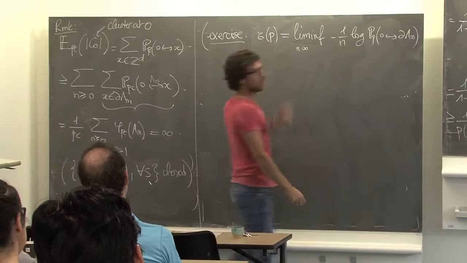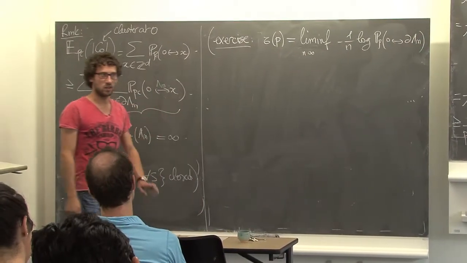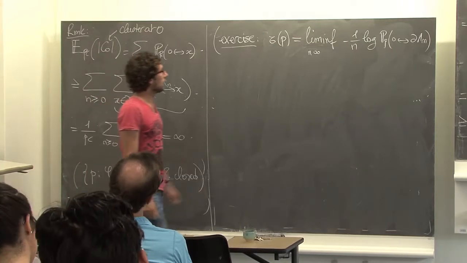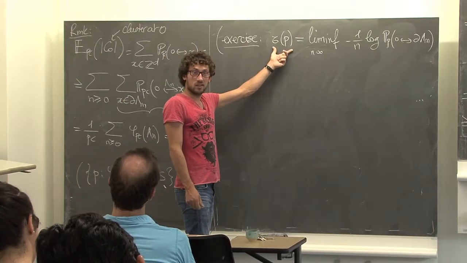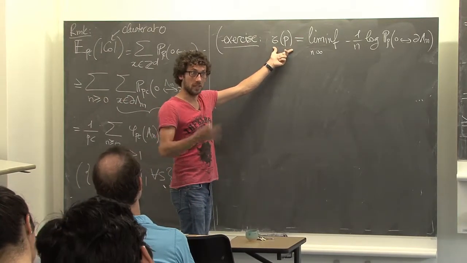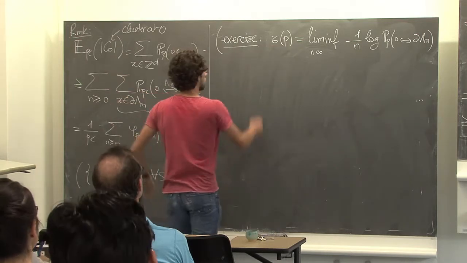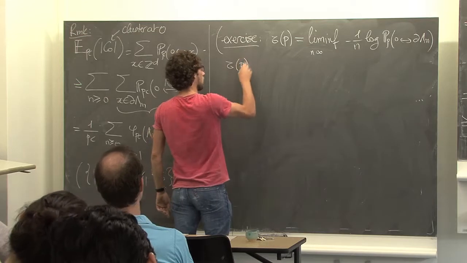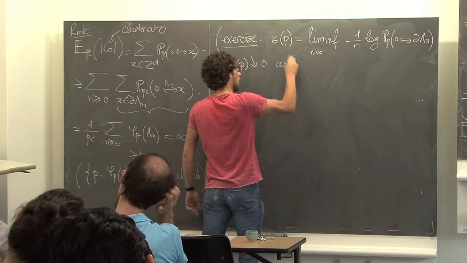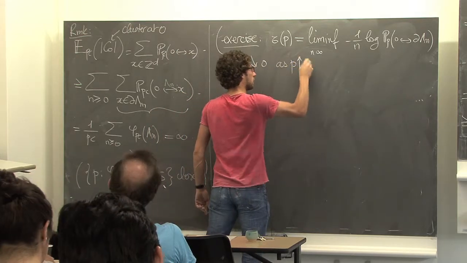In fact, you can check the limit exists, and this is in your exercises, I remember. So this is the rate of decay. This is the real C, the best one you can imagine. Well, you can prove using this that, in fact, tau of P tends to 0 as P tends to PC.